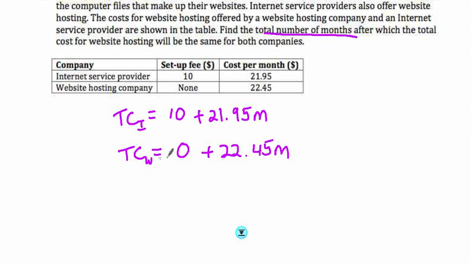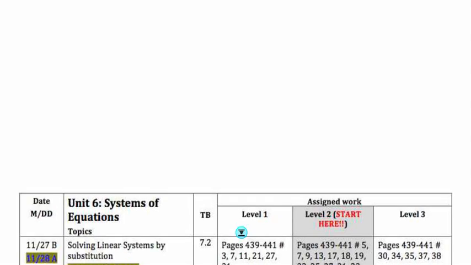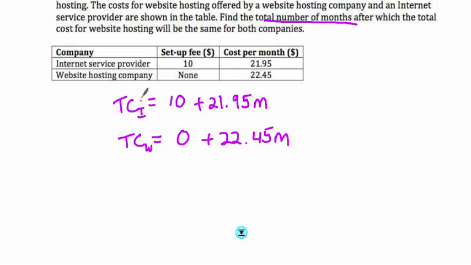We have a system of two equations with two unknowns, total cost and number of months. As you can see, in both of these cases our variable is already isolated, so the total cost has already been isolated.